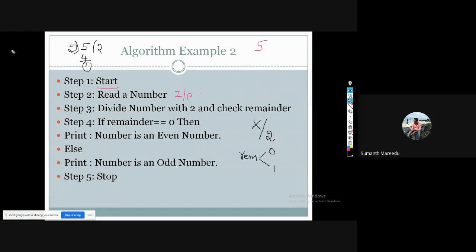So when I divide any number x by 2, the possible remainders are 0 and 1. With the values of these remainders, I can decide whether this x is even or odd. So now I'll consider 0.